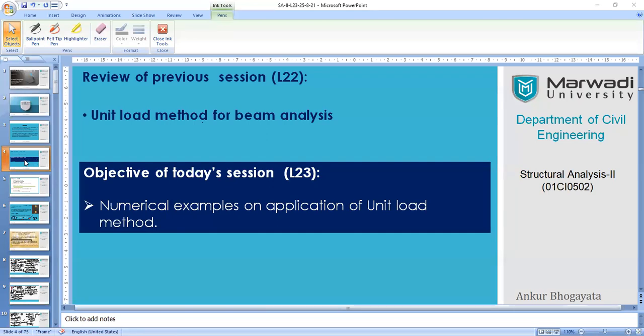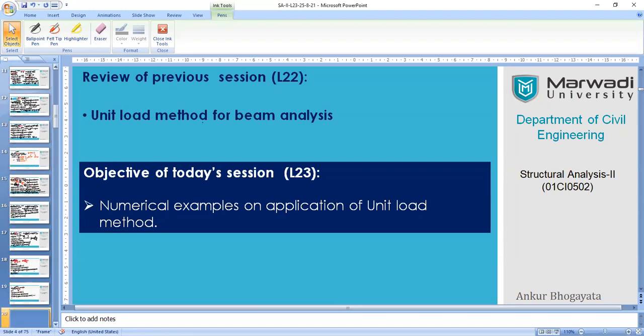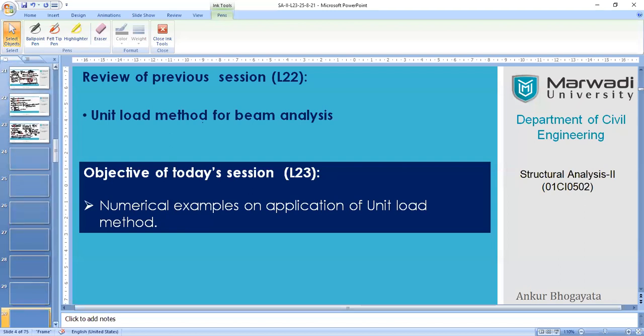For space structures, it requires a little bit of modification and may not be appropriate.